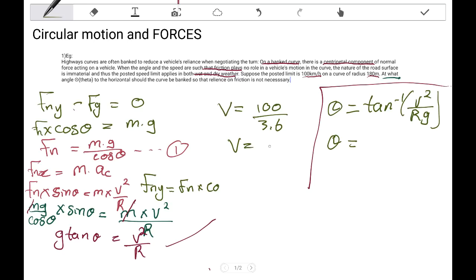So this v is equal to 27.78 meters per second. Then you can substitute, because we are told that our r is equal to 180 meters, so r is in the right units, and we know that g is equal to 9.8.